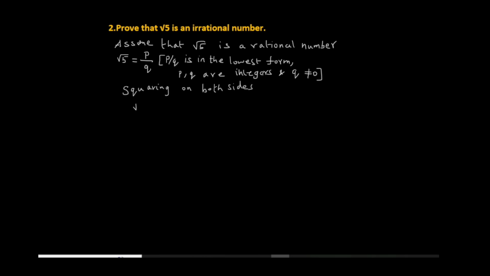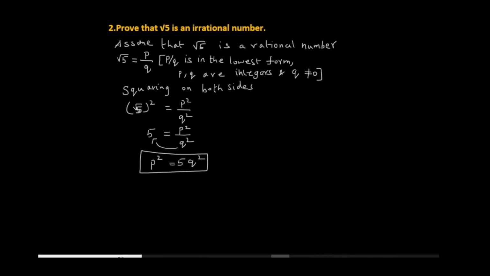So what will happen? Root 5 the whole squared is equal to P squared by Q squared. You know root 5 the whole squared, the square root and the square will get cancelled. So 5 is equal to P squared by Q squared. When you transpose Q squared to the other side, you will get P squared is equal to 5 times Q squared, which means what does this show you?